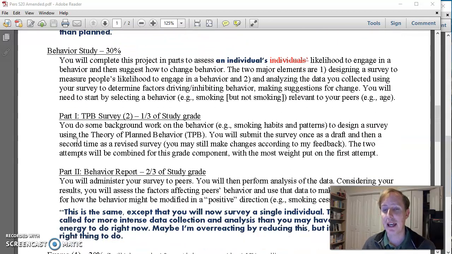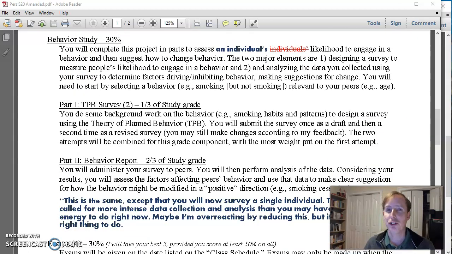In terms of the behavior study, we were just jumping into this, and my concern has been that part of this project was about designing a survey, TPB Survey 1, and then TPB Survey 2 because you revised it. That part we're going to stick with. But after that, you were distributing the survey and collecting data on 30 to 40 people, which electronically is still very doable.